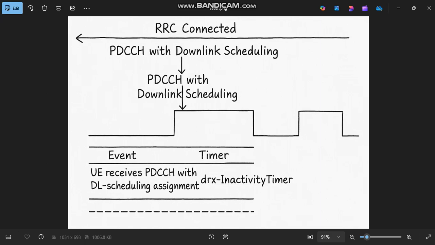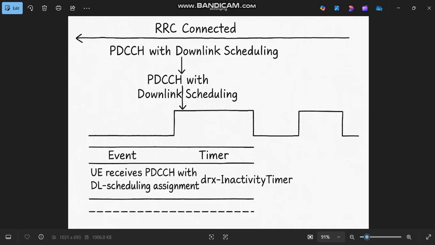For that, earlier we had a standard cycle, like DRX active has to be for this amount of time, or DRX inactive has to be for this amount of time. We had a standard graph, a standard DRX cycle, or standard on timer.